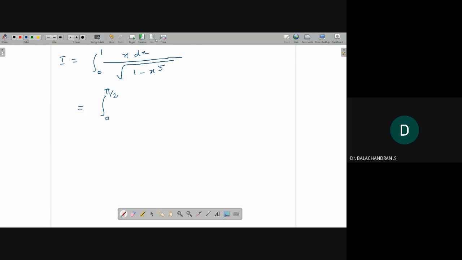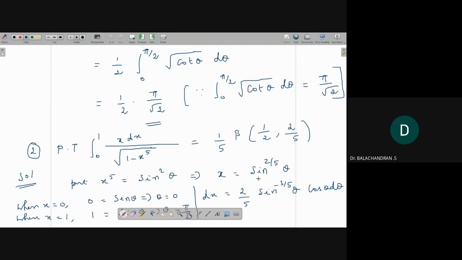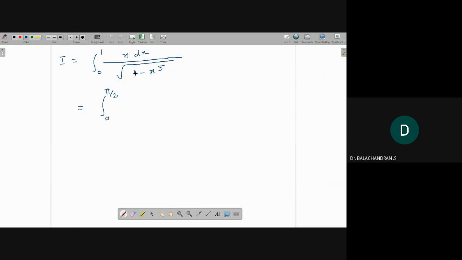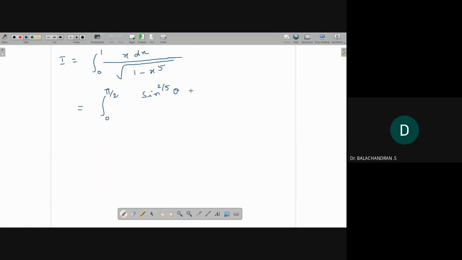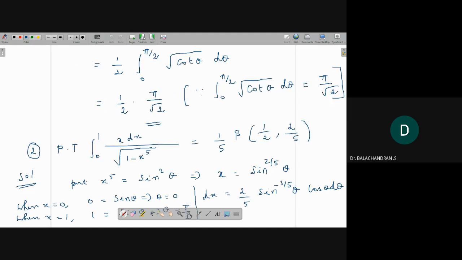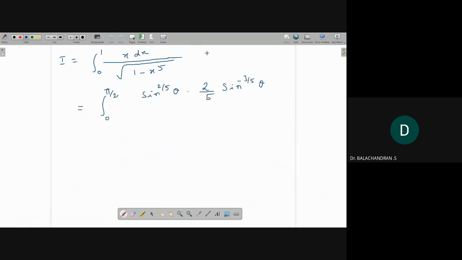X dx. What is x? X is sine power 2 by 5 theta. And dx, what is dx? Dx is 2 by 5 sine power minus 3 by 5 theta into cos theta into d theta.